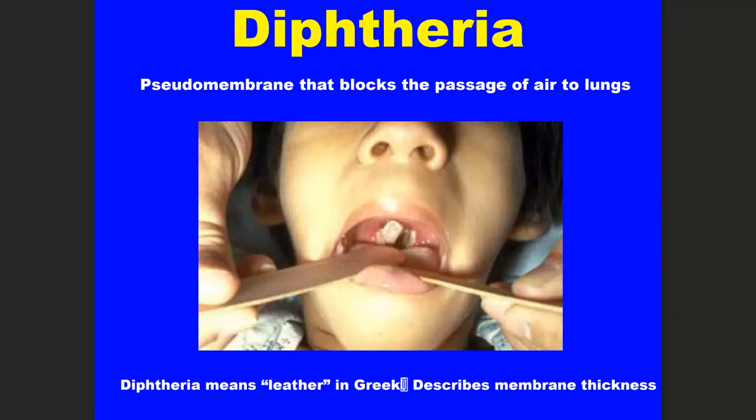Now, this bacteria produces a toxin that is called the diphtheria toxin. This toxin can have a lot of effects, but one of its effects is that it kills a lot of the epithelial cells in the back of the throat, and it causes a lot of buildup of pus and clotted blood, and it produces this very leathery, very thick membrane in the back of the throat that's called a pseudomembrane.